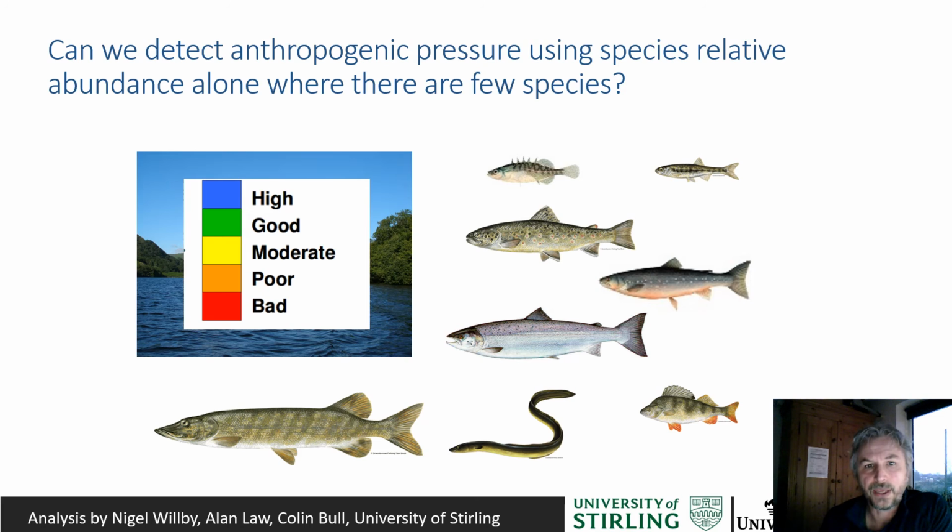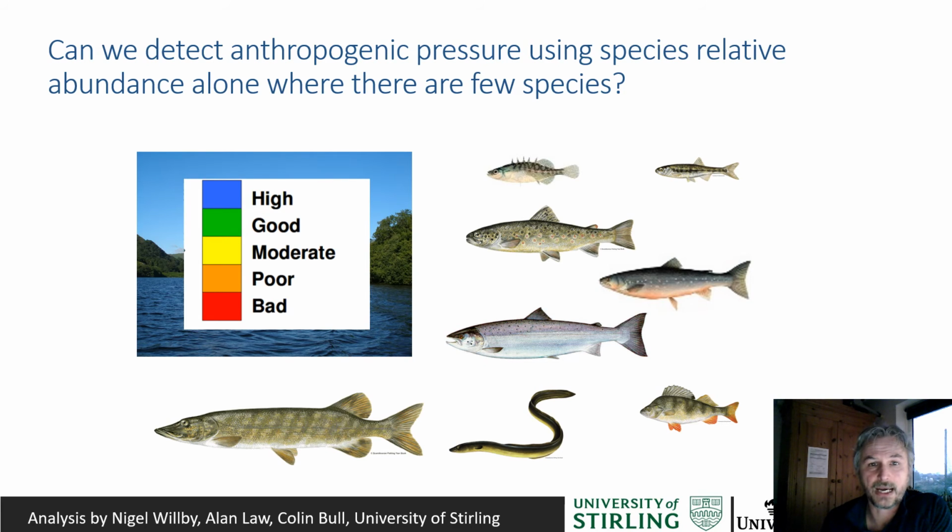Of course, one thing eDNA cannot provide us with is absolute abundance, at least not at the moment, or age class information for different species, which is often used in methods which use fish data to assess the quality of water bodies.